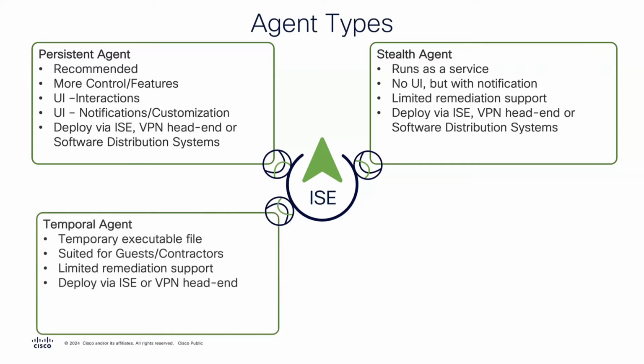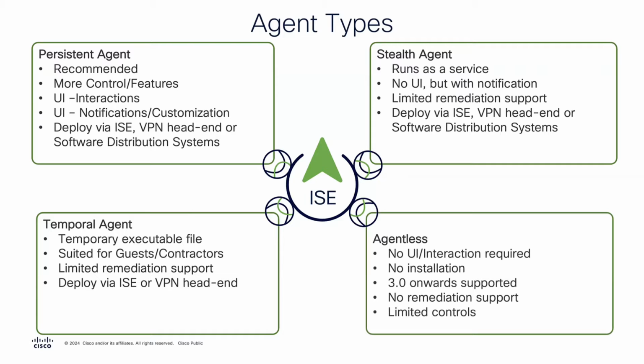The third one is a temporal agent, which is an executable file, and it's going to vanish automatically once after the posture evaluation happens. You can deploy temporal agent only from ISE and VPN headends, not from software distribution systems. Agentless, the name itself implies that there is no agent that is supposed to be installed on the endpoint in order to get the posture status of the endpoint.